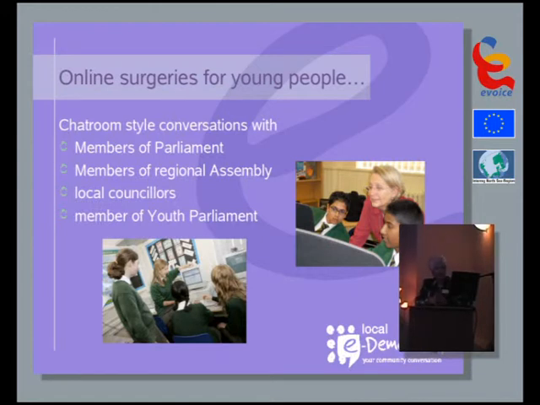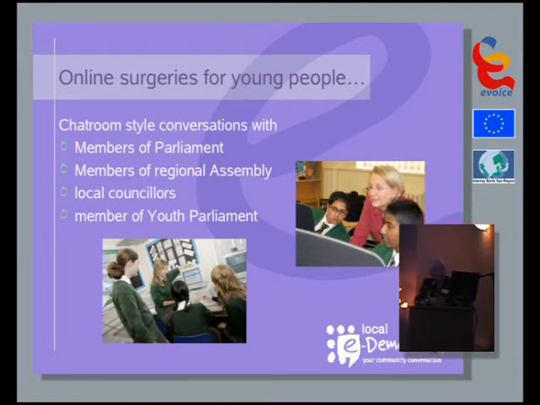And then, at a particular day, they had an opportunity to go online and have one-to-one chats. In some cases, it was 2 young people and 1 representative, with any one of several who would be online ready for them on that occasion. For each group that did this, we made sure we had a Member of Parliament, and members of the Regional Assembly for at least some of them.